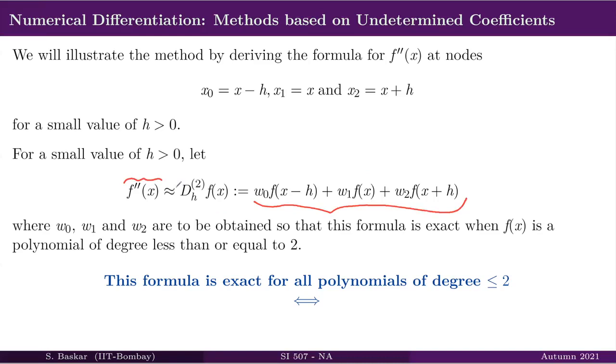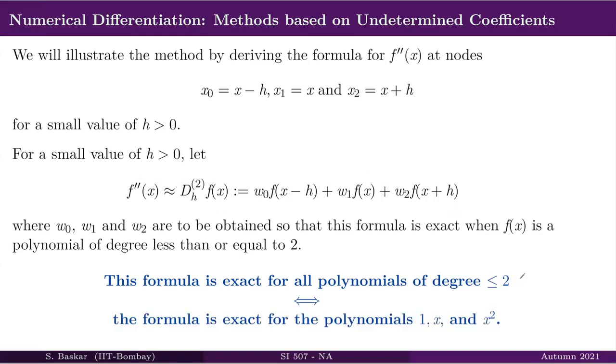That is the idea. Again, instead of putting this condition, we can equivalently put the condition that the formula is exact for these 3 particular forms of the polynomials. That is, if f of x is equal to 1 for all x, then the formula gives the exact value of f double dash of x.